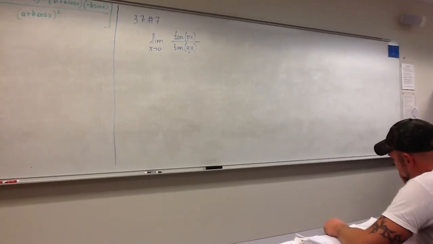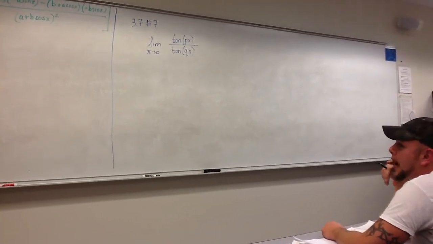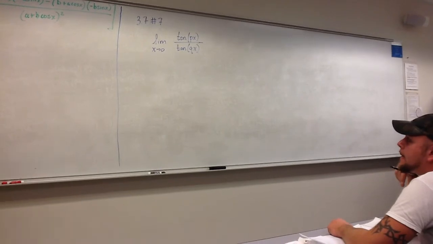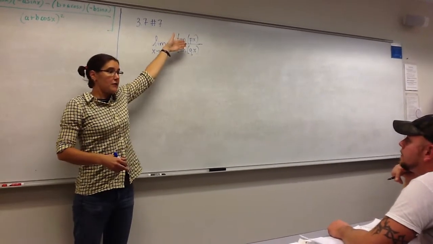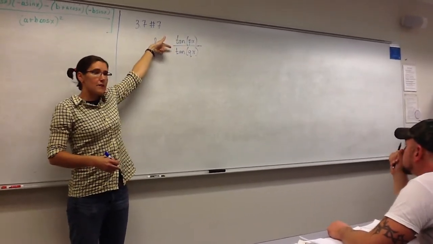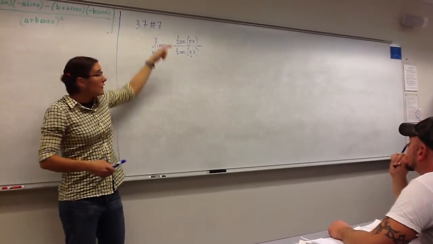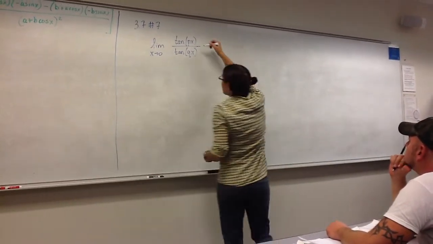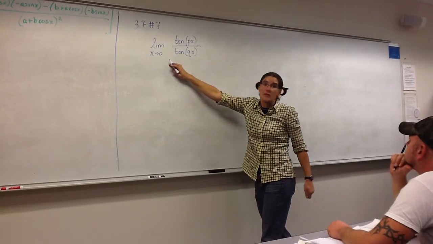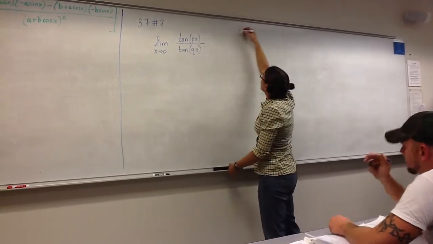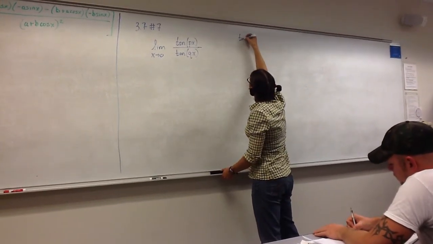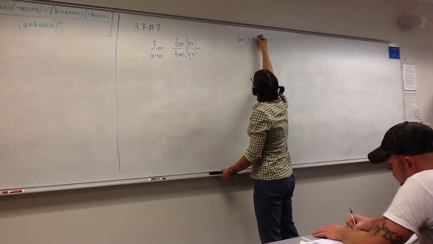Okay, so the first thing that I would think of when I look at this is, great, I have a ratio here, I have a division bar here, so I might want to think about how I can use L'Hopital. In order to use L'Hopital, I want to analyze what happens as x goes to 0. So in our numerator, we'd have tangent of p times 0.